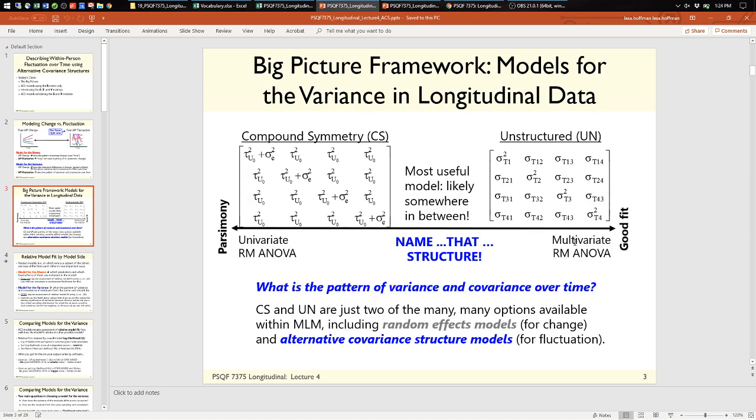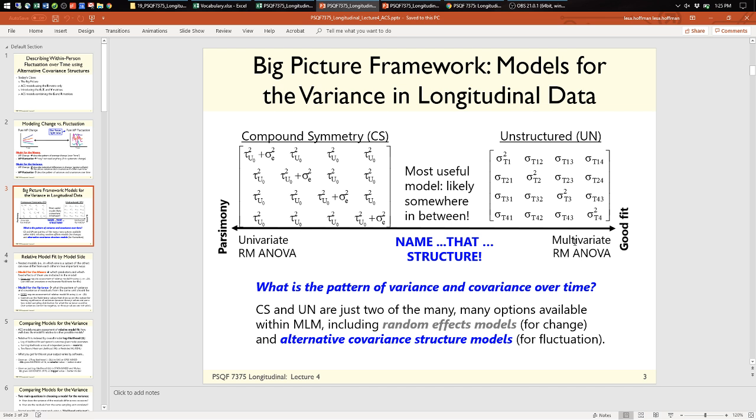So the endpoints we talked about: compound symmetry, random intercept only plus a residual is what makes the variance over time. Random intercept is what makes the covariance over time. Two parameters, regardless of how many occasions you have.